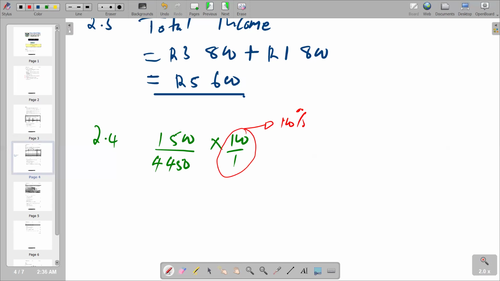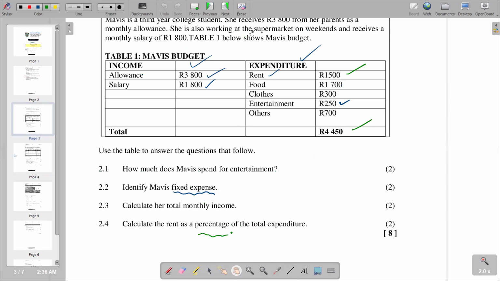So this is what we have. We calculate, and we're going to see that the percentage is 33.71%, of course, to 2 decimal places. So this is the answer that we have on 2.4. Obviously, from question 2, we are supposed to move on to question 3.